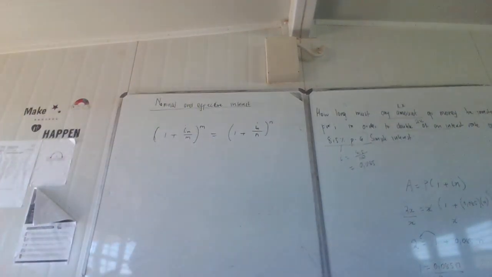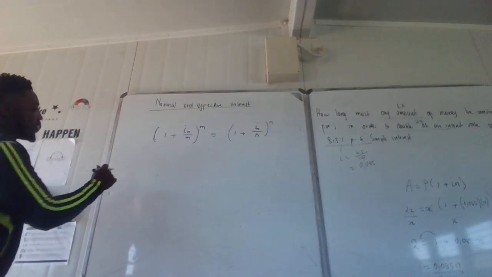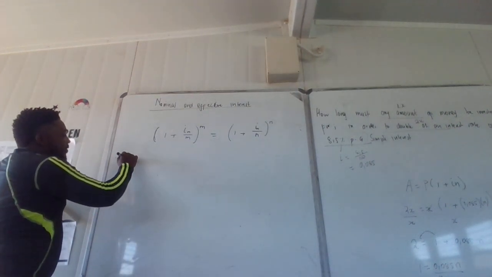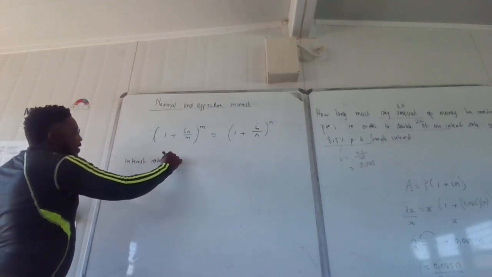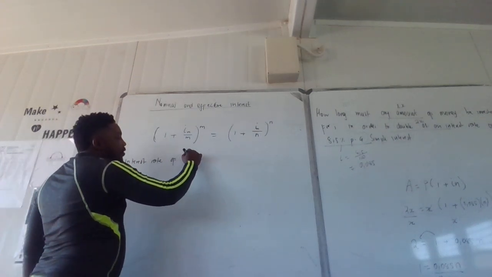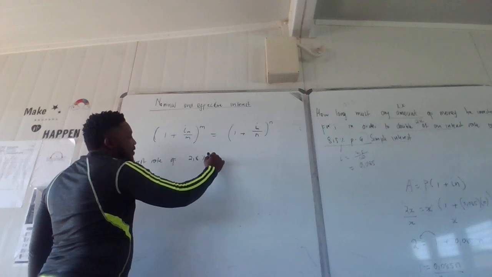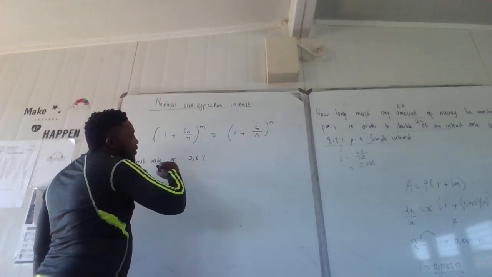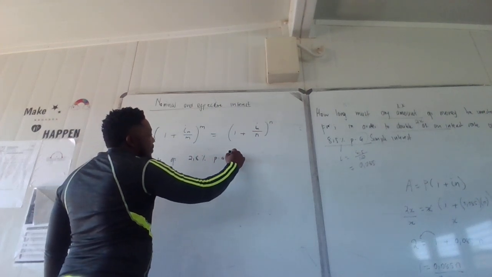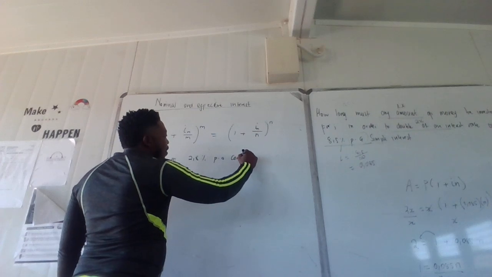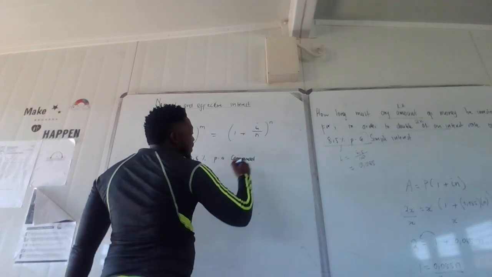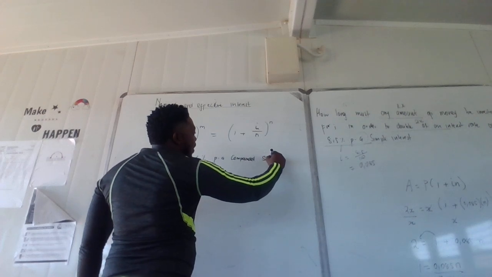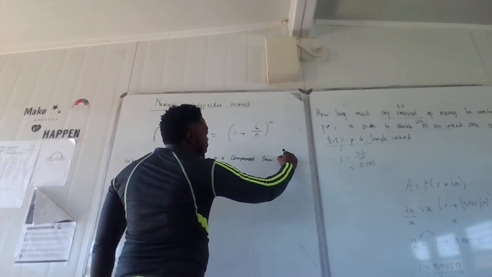Well, I'm also making an example. Let's say we're given an interest rate of 2.8% per annum compounded semi-annually.